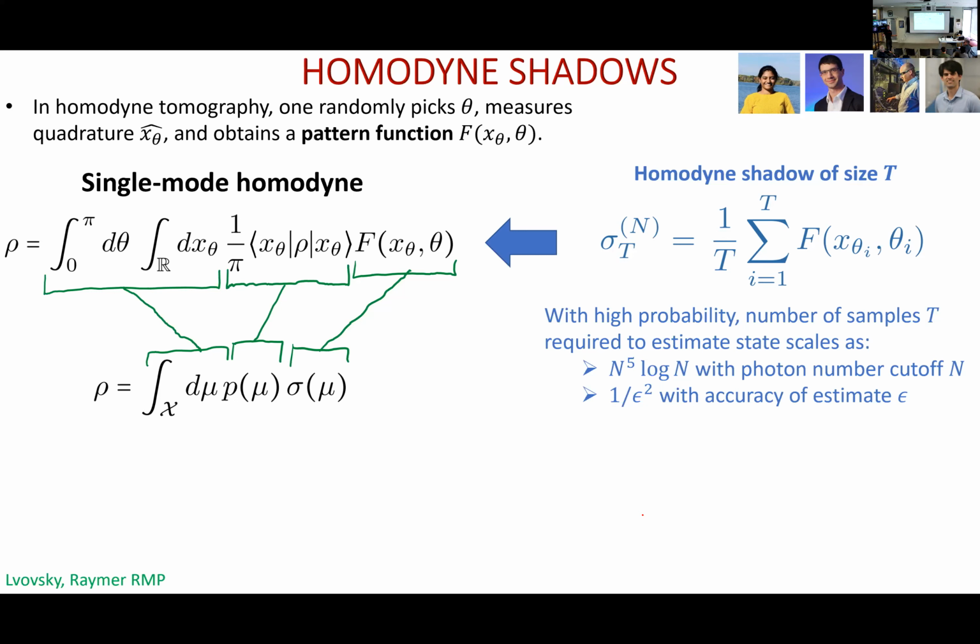That's what's interesting. All these shadows are kind of the same object, independent of the state, but which outcomes you get, which thetas you get, is determined by the outcome of your measurement, which is determined by the state.